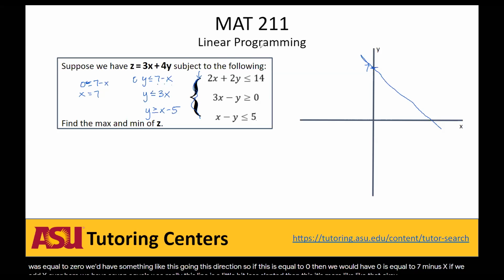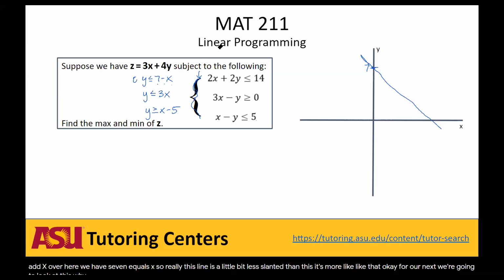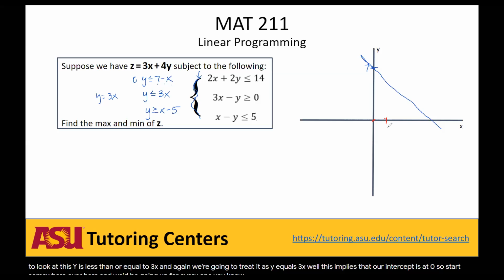So for our next, we're going to look at this y is less than or equal to 3x. And again, we're going to treat it as y equals 3x. Well, this implies that our intercept is at 0. So we'd start somewhere over here. And for every one increment that we go in this direction, we go 3 in this direction.